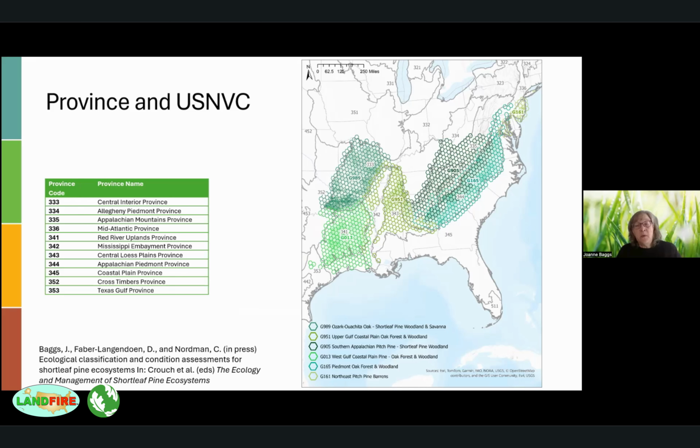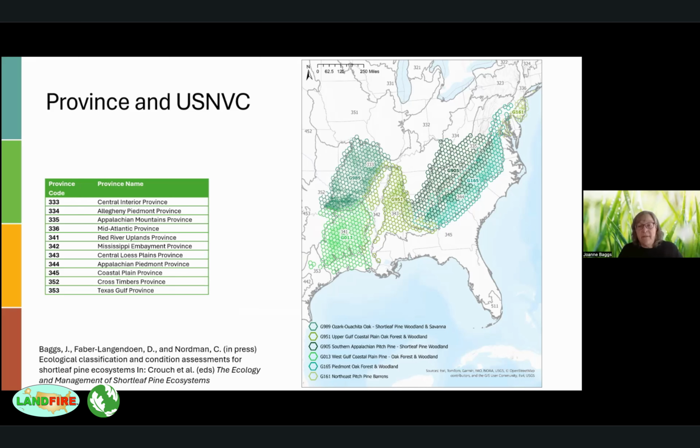This is work that will come out soon, hopefully in the next year, looking at the ecosystem classification, but also the management of shortleaf pine ecosystems across the range. In this one, we use the provinces, or that ecoregion level of the hierarchy, to look at the group level of the US NVC. The US National Vegetation Classification scheme is also hierarchical.